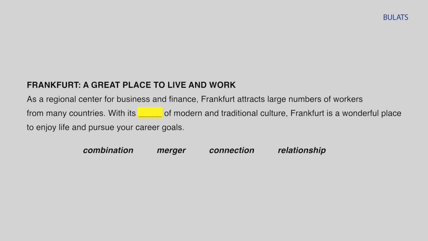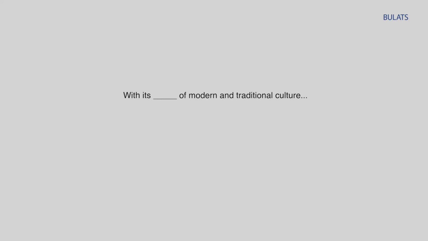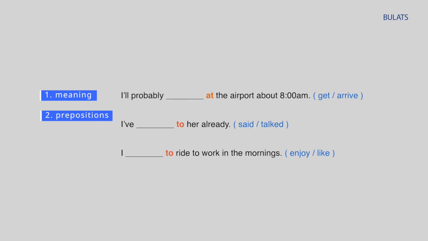Well, this is something we've looked at in some detail in the previous 4 videos, but if you remember, the key things to keep in mind are, first, the meaning. Of course, choosing the right word with the right meaning is always step 1. Now remember, the 4 words will quite possibly have similar meanings, so you need to be careful. Second, prepositions or similar words.